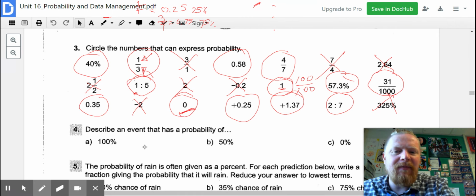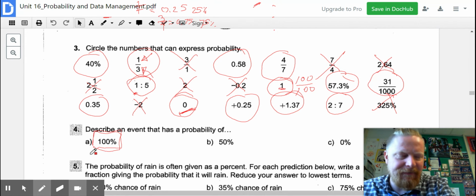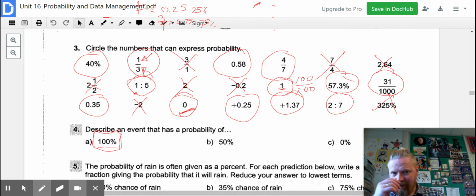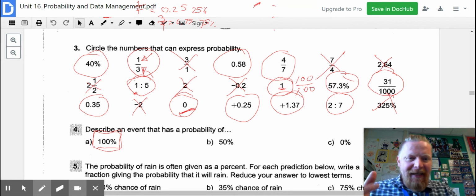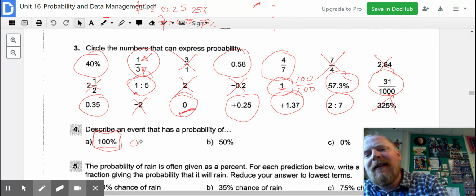Describe an event that has a probability of 100%. Something that is absolutely certain. Well, there is a saying that the only things that are certain in life are death and taxes.